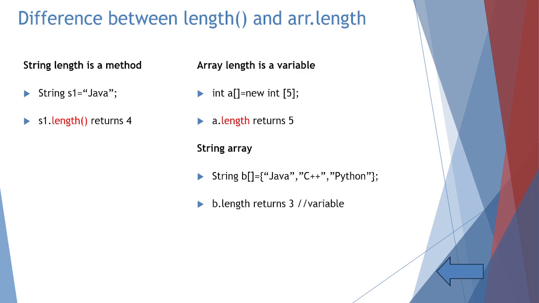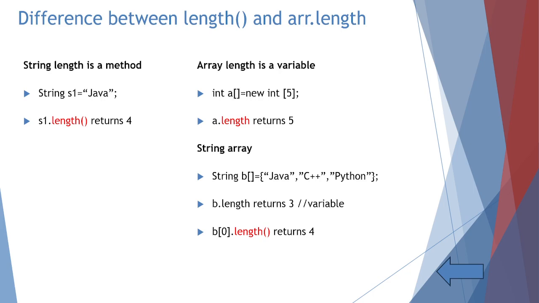Whereas if I want to find out how many characters are there in Java, in C++, in Python, then b[0] refers to Java, b[1] refers to C++, and so on. So b[0].length(), because Java is a string, so we use parentheses, returns 4.